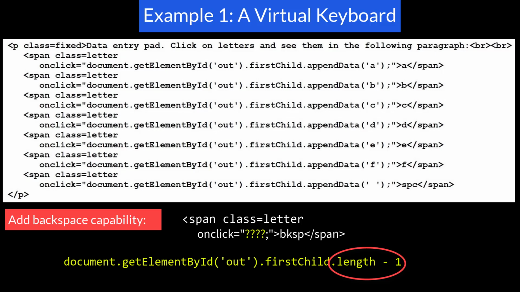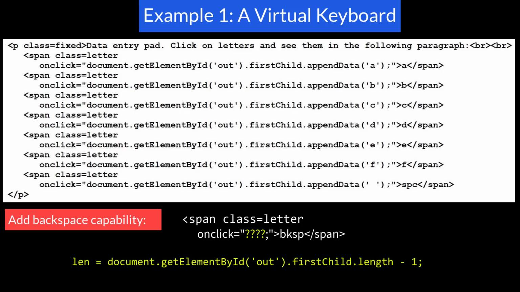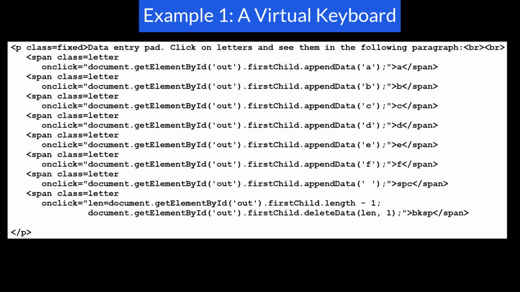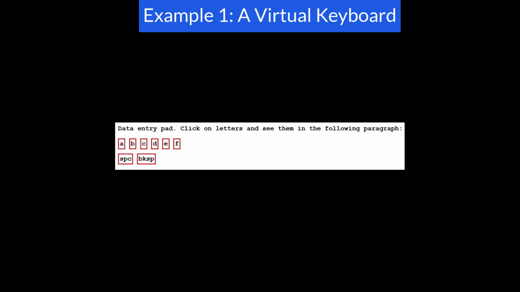This means we'll want to have two steps in our on-click event handler. One, calculate the offset and put it into a variable, and then invoke the deleteData method on the text node. So this reasoning gives us this, which displays this way, and we see the demo.